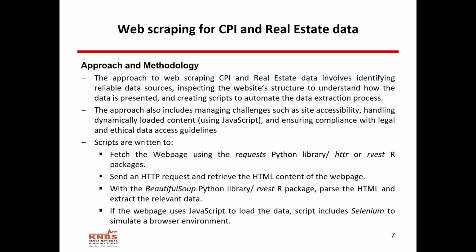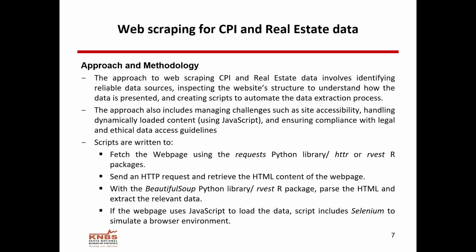So our scripts are written to fetch the web page using requests for Python and httr or rvest for R packages. And we send an HTTP request and retrieve the HTML content of websites. And with Beautiful Soup for Python and rvest for R, we parse the HTML and extract the relevant data only.